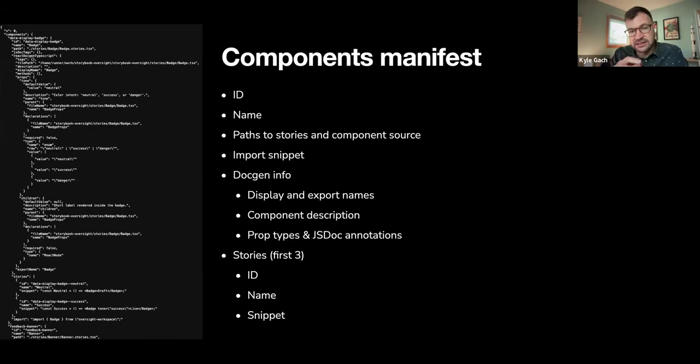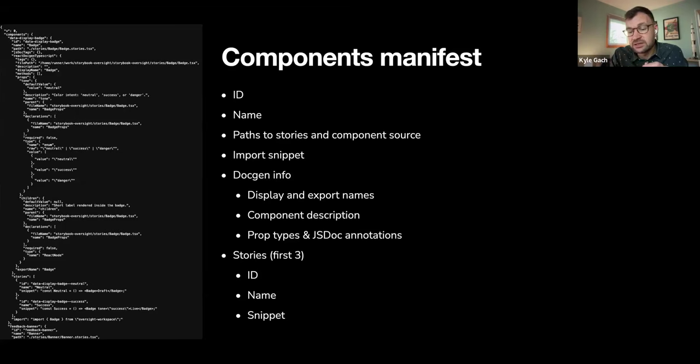So we pull in the display and export names of the component, if there's a description with JSDoc, all your prop types, and any JSDoc annotations you've applied to your props. By JSDoc, I mean that special comment where you can add additional information like a description or if something's deprecated. And then for the first three stories, we pull in the ID, the name, and the snippet.